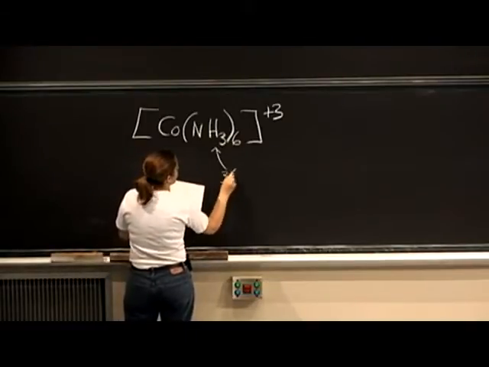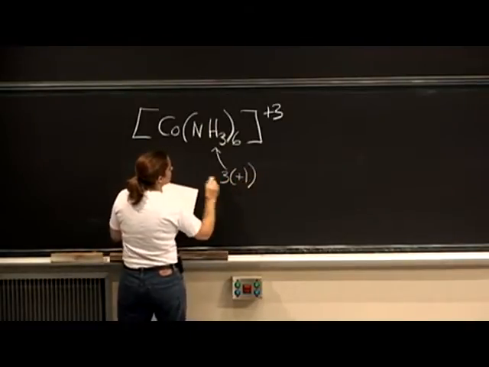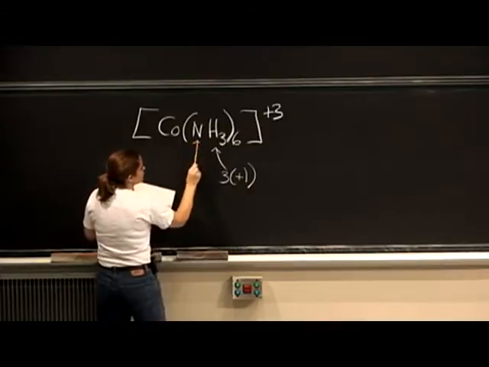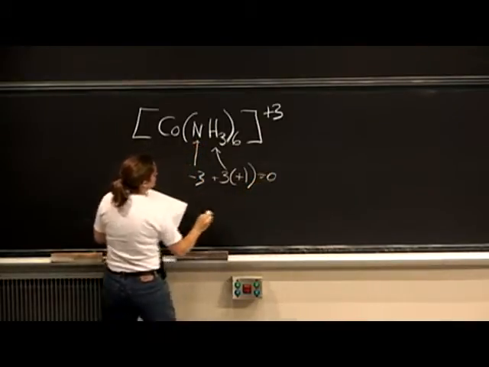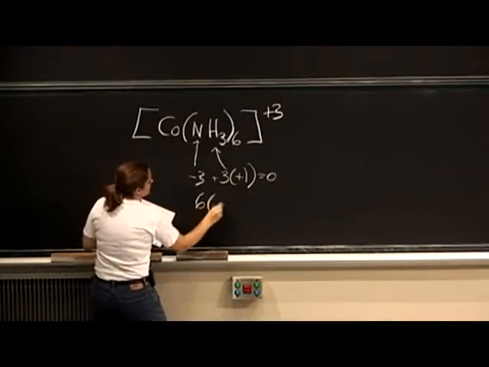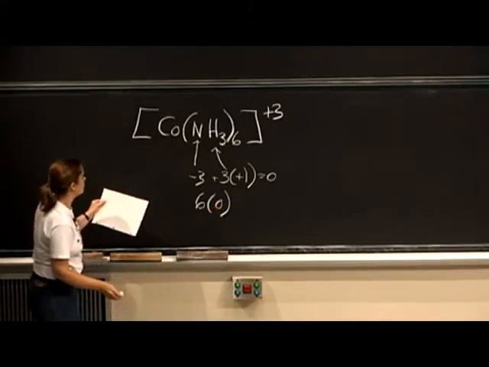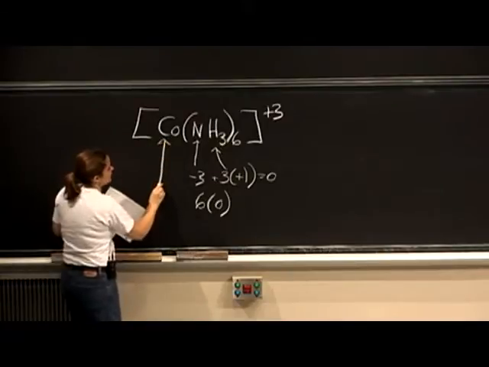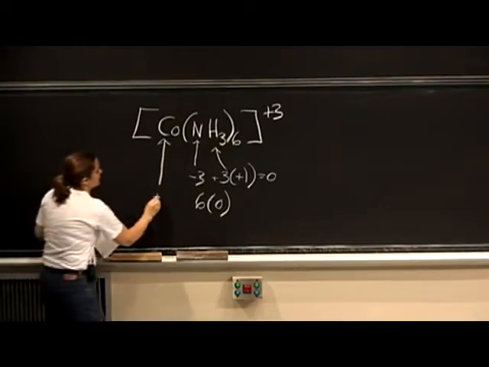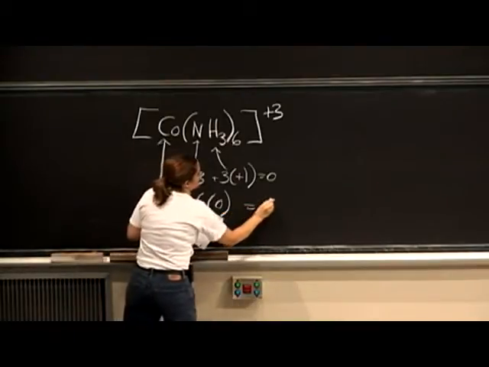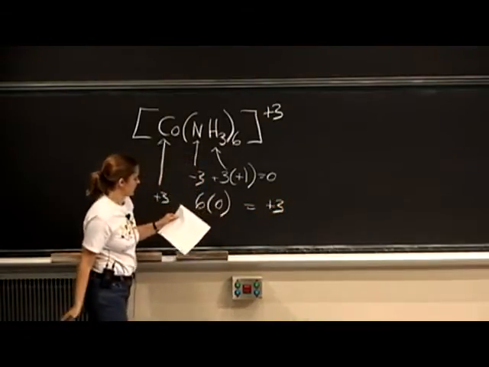We have 3 hydrogens at +1, and a nitrogen at -3, so overall that charge is 0. So we have 6 things of 0. What does that leave for our cobalt charge? +3, because overall it has to equal +3.